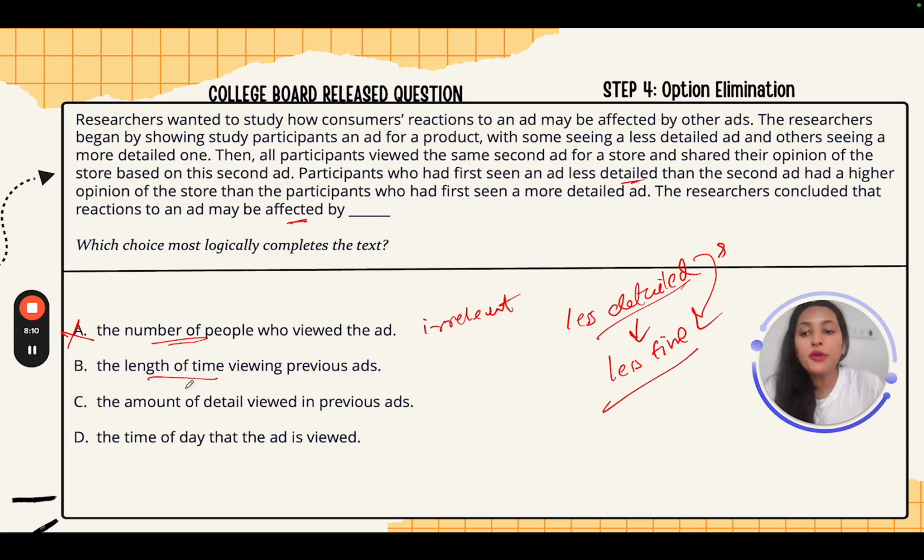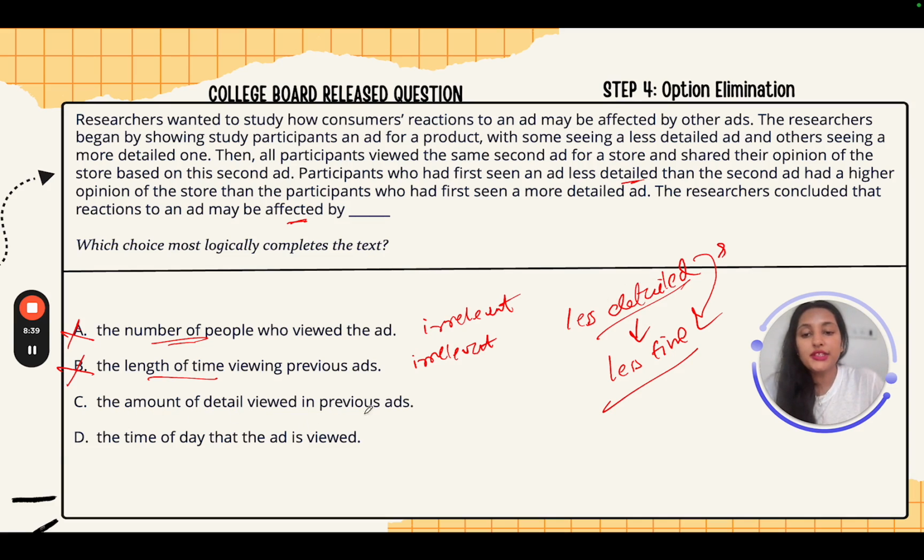The problem with choice B is that nowhere in the text were we told how much time the ad took. It was just about the detailed and less detailed one. We don't know if they were lengthier or shorter. So this is totally irrelevant. Saying that something is less detailed or took less time is not the same. Please understand that.